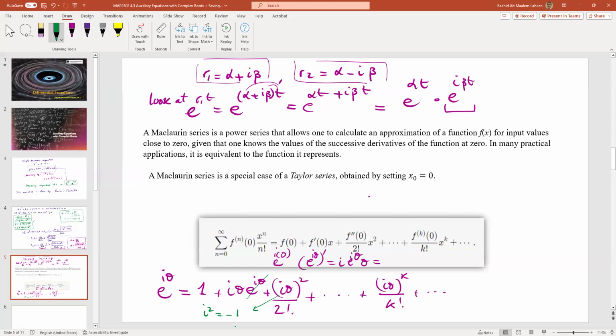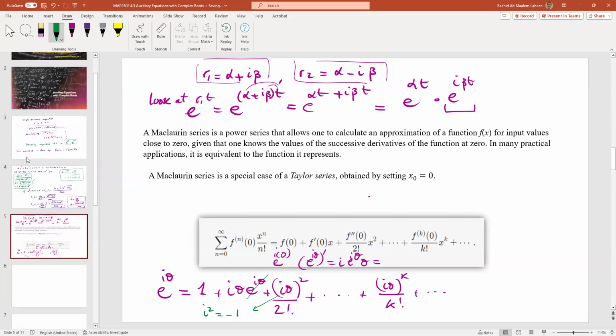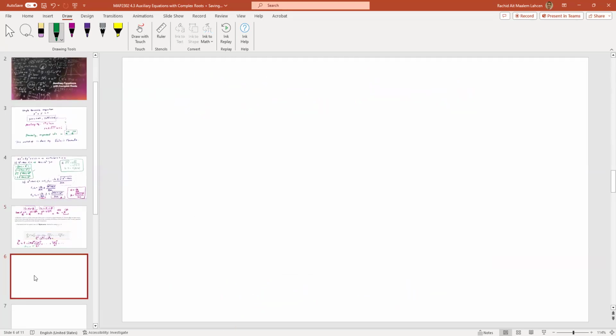When you go through it and simplify them, you will get this. You see now the second one, simplify the i squared, we get this. Then i cubed is going to be -i, and i to the 4th is going to be 1. So we get this.